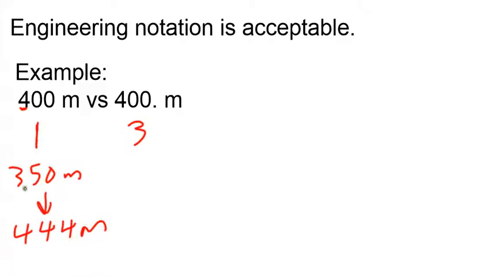Because if we round these to just one significant figure, this 5 would round the 3 up to a 4, so it'd be 400, and this 4 would round down, which would also be 400. Having only one significant figure, you can have a lot of error and you are not very confident in that measurement. Whereas with the 400 dot, you have 3 significant figures, and the greatest range you could have is a much smaller range.